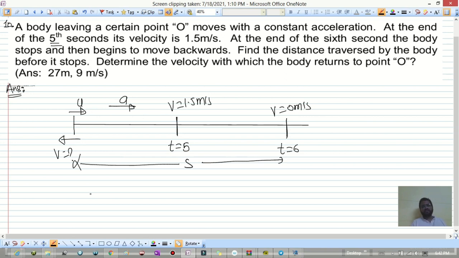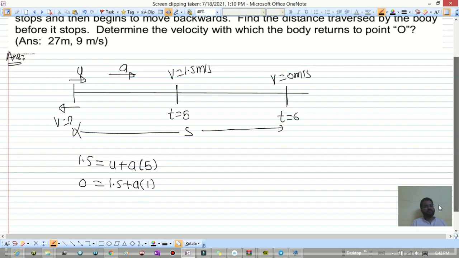So final velocity 1.5 is equal to initial velocity u plus a into t, where t is 5. This is the first case. In the second case, final velocity 0 is equal to initial velocity 1.5 plus a into t, where t is 1 second. If you find the value of a, you will get a as minus 1.5 meter per second squared. Put this value over here.